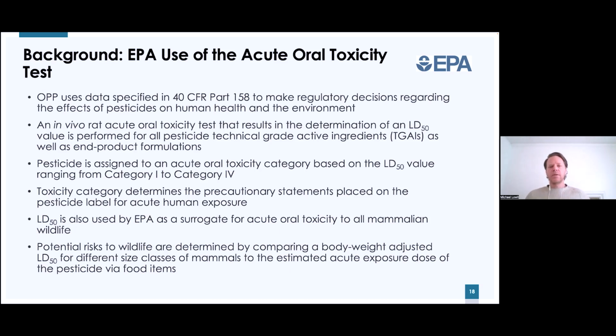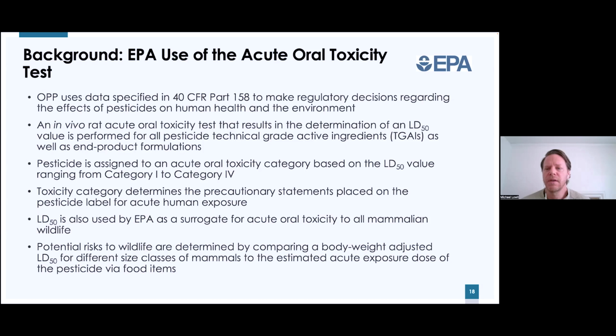Before we consider the results of our analysis, it is helpful to understand how EPA uses the in vivo acute oral toxicity to rat data in the registration of pesticides. As I mentioned earlier, OPP uses data specified in the 40 CFR Part 158 to make regulatory decisions.